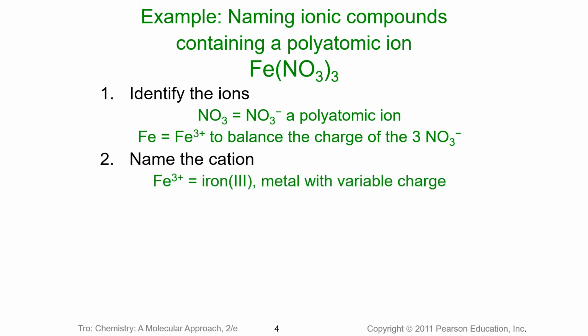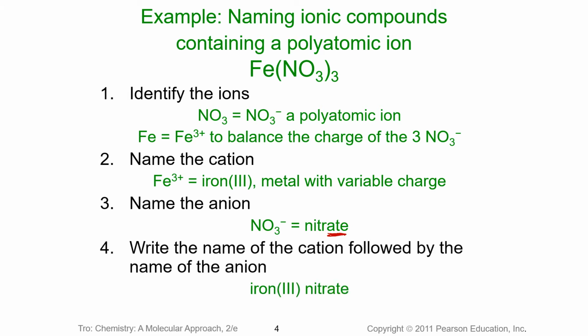We name the cation, iron 3. We need the Roman numerals because this is a transition metal and its charge can change. We name the anion. Again, you'll notice that it has that ATE ending, which is different than nitrogen by itself. And we write the name of the cation followed by the anion, iron 3 nitrate.